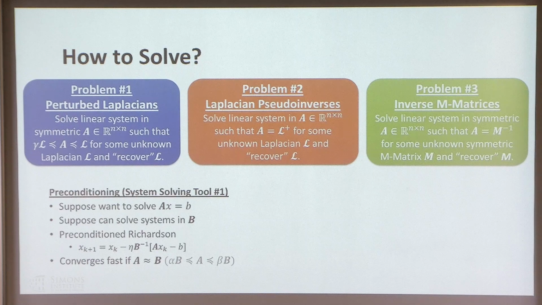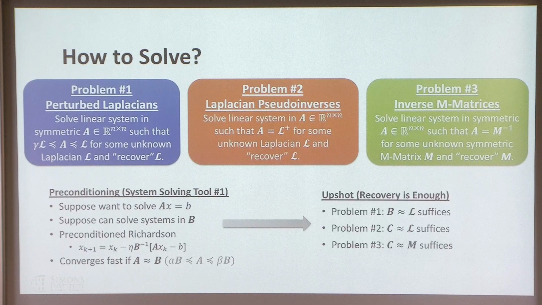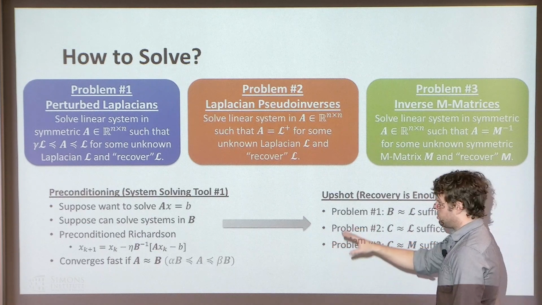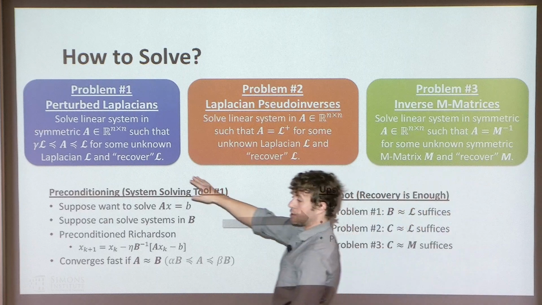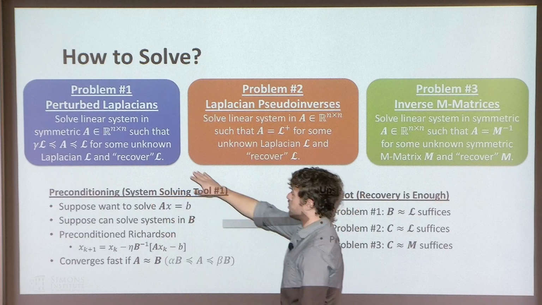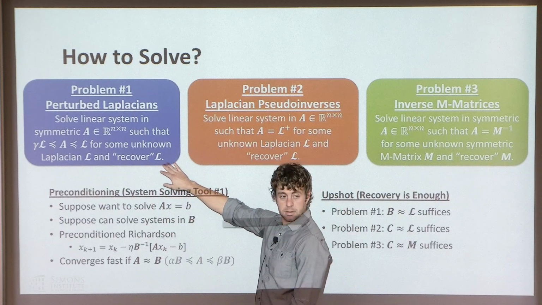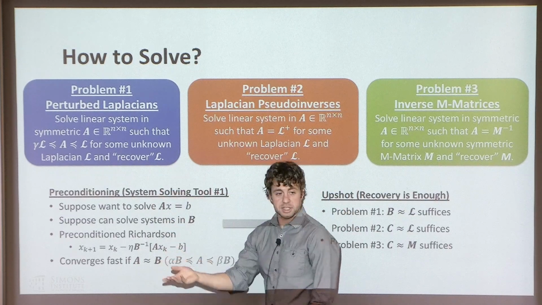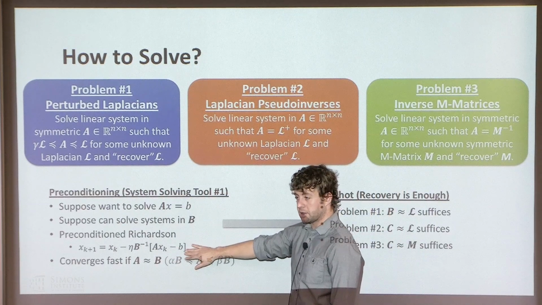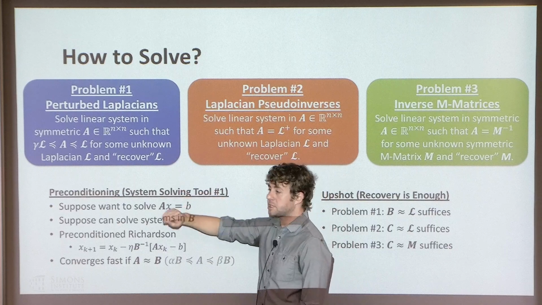So why is that relevant here? It says that for all of these problems, the hard part is not actually in building the solver. What preconditioning says is the hard part is just doing the recovery. Say you want to solve this problem, and I gave you an approximation of L. Well, we said we could solve linear systems in Laplacians in near linear time, so you can use its pseudo-inverse as a preconditioner here, and you would solve linear systems in the original matrix, where the number of iterations would just depend on gamma.